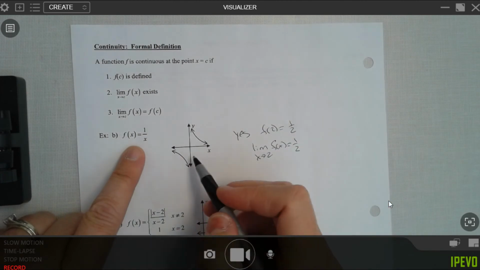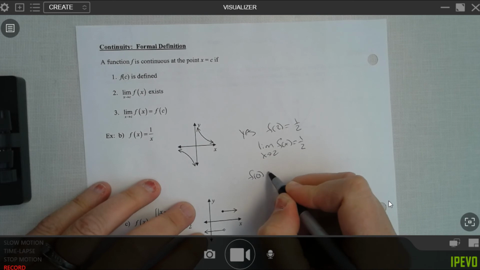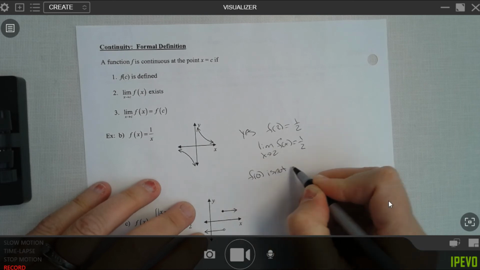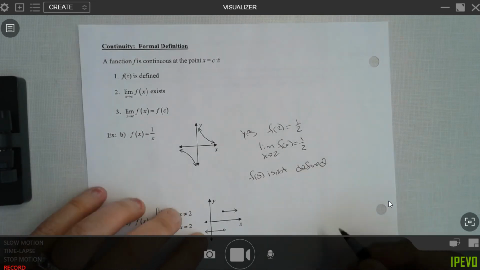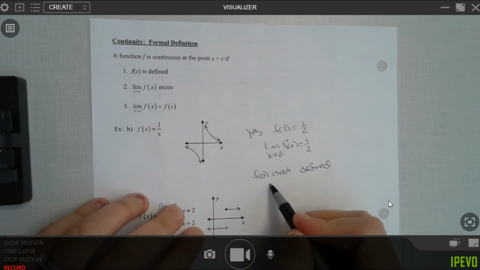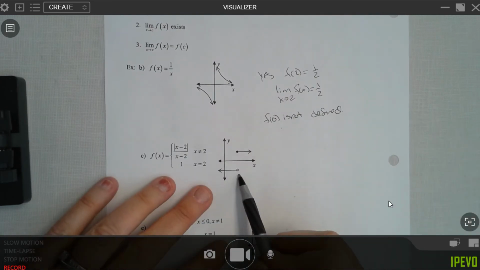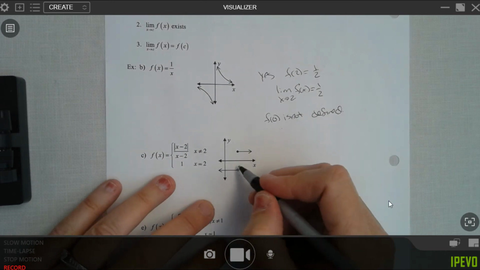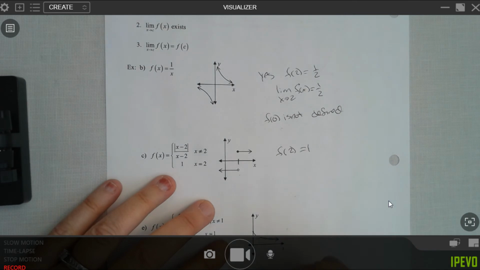But if I asked you at 0, you would say no, because f of 0 is not defined. So it failed number 1. So this one is not continuous at 0 because it fails rule number 1 right there. For this one right here, f of c does exist this time. So f of 2 equals 1.